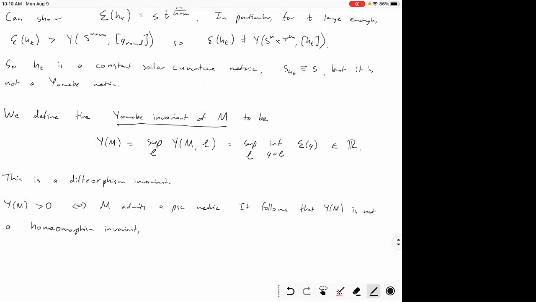So precisely, there are closed, smooth manifolds, M1, M2, which are homeomorphic, but they have different values of the Yamabe invariant.